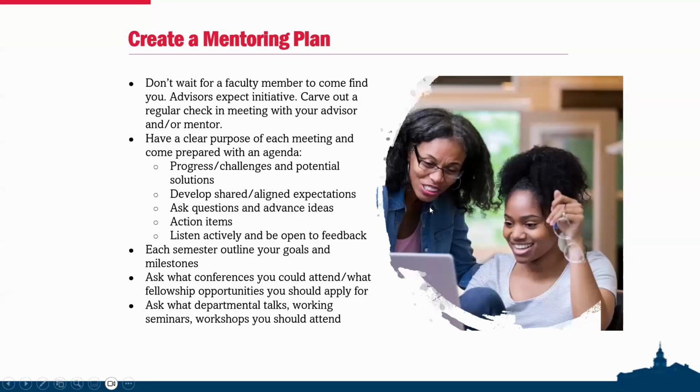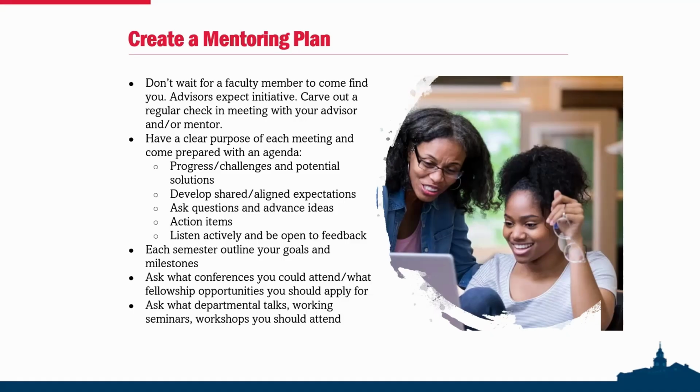The other piece of creating a plan is creating a mentoring plan. So you want to make sure, again, that self-direction. You're not waiting for a faculty member or an advisor to come to you. You're carving out a regular check-in meeting with your advisor or mentor, and you're being proactive about how you're approaching that meeting. So you come prepared with an agenda. You, as a grad student, are solution-oriented, right?